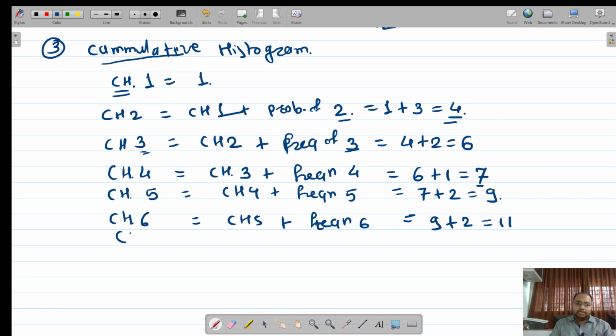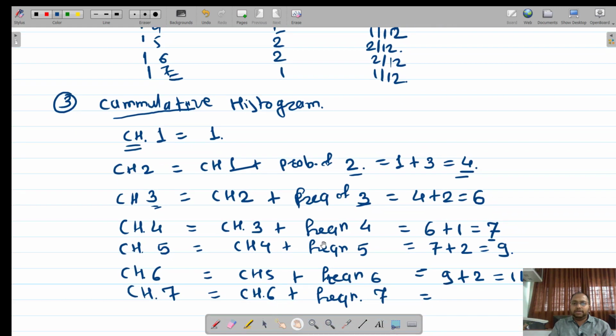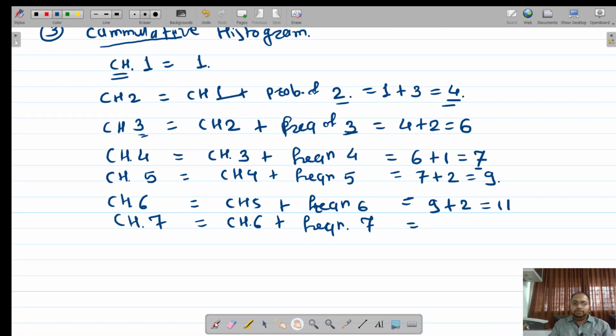And last, the cumulative histogram of 7 is nothing but the cumulative histogram of 6 plus the frequency of occurrence of gray level intensity 7, which is 1, I think. Yes, it is. So 11 plus 1 is nothing but 12.